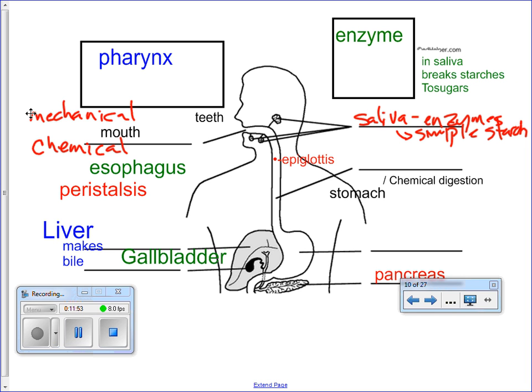Okay. Then, I don't know if your textbook mentioned the pharynx? It mentions it in the respiratory system, but I think it's worth mentioning here because the pharynx is where the mouth and nose come together. So the respiratory system, which is breathing, and the digestive system come together. They have this common area, right?